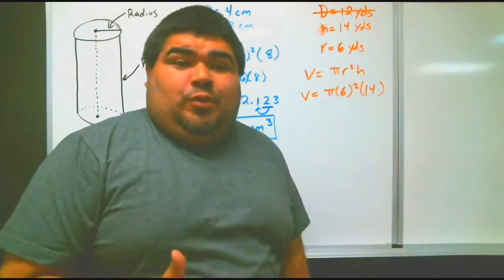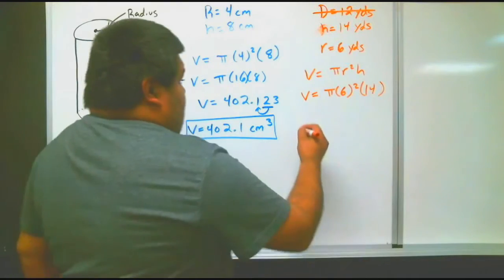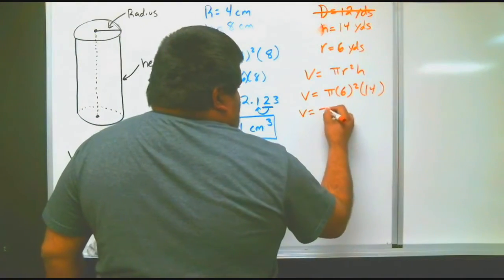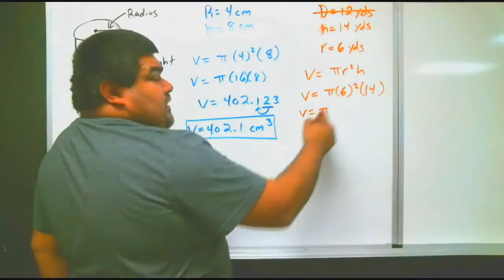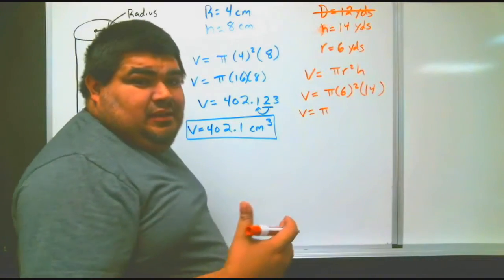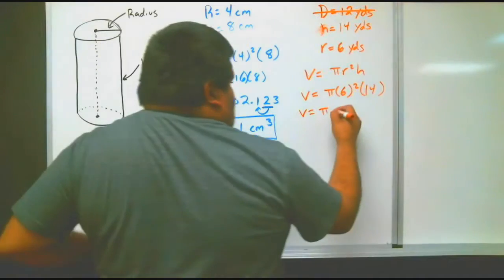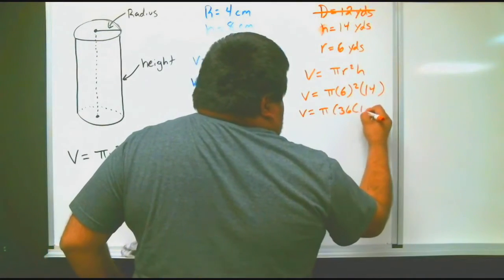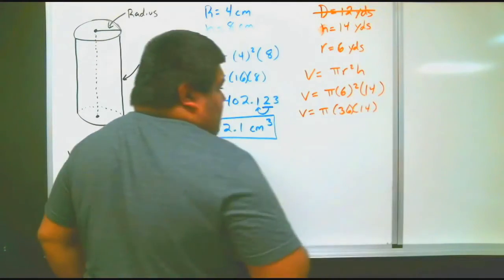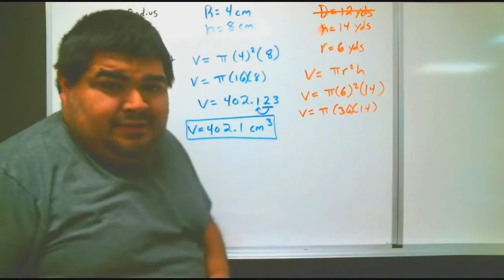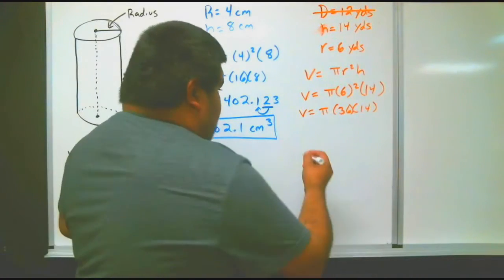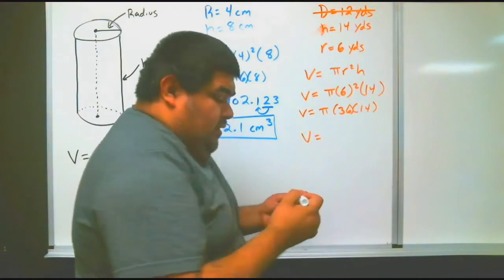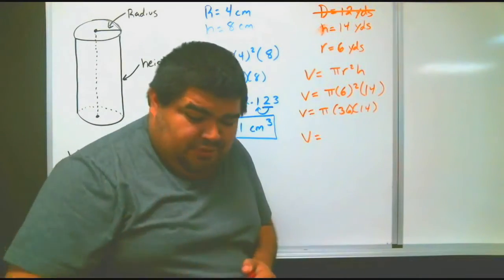Always get rid of the square first. So we have V equals pi times 6 times 6, because that's what the square is saying. You're doing 6 times 6, which is 36, times 14. Again, all you have to do is plug it into a calculator to get your answer. Remember, we're only looking for one number after the decimal point.